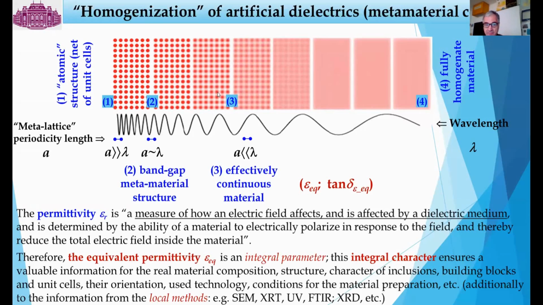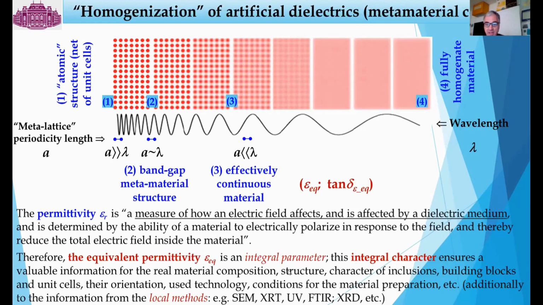In the microwave region, dielectric constant is an equivalent value, because we can compare this periodicity length with the wavelength. So permittivity in the microwave region is an integral parameter compared with the other methods, such as spectroscopy, microscopy, etc., where the information is more or less local.